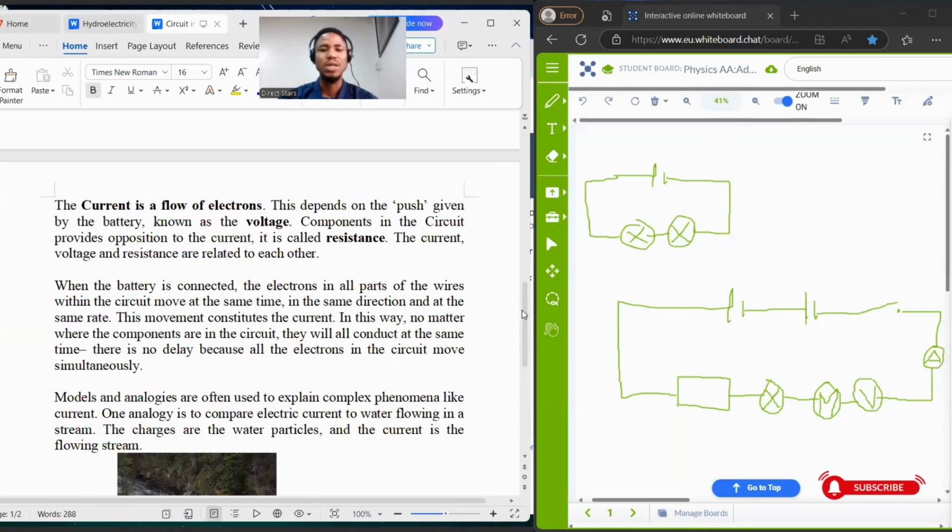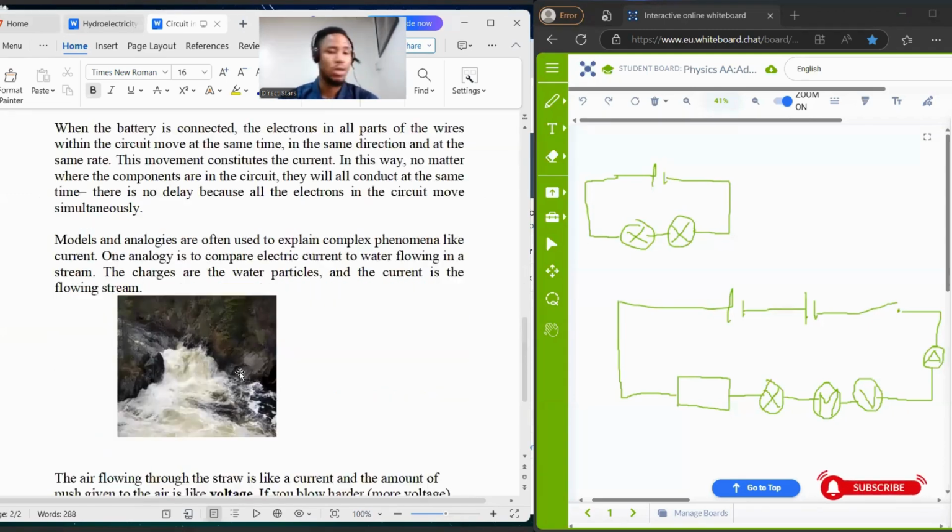Now let me explain voltage, current, resistance, and the circuit itself using an analogy. Just think of a stream or a river. The path in which this water flows is what we call the circuit. The water itself is what we call current, that's the flow of electrons.